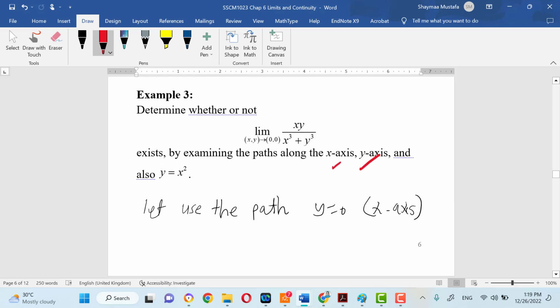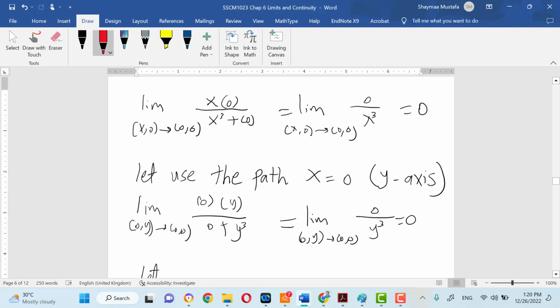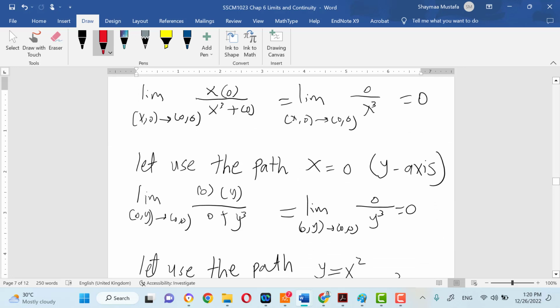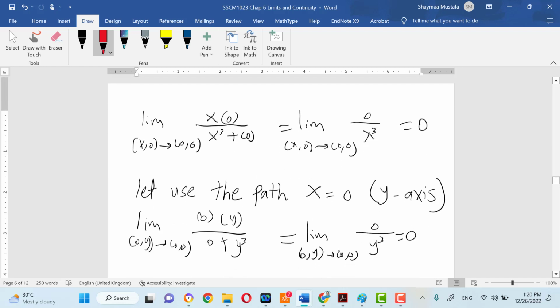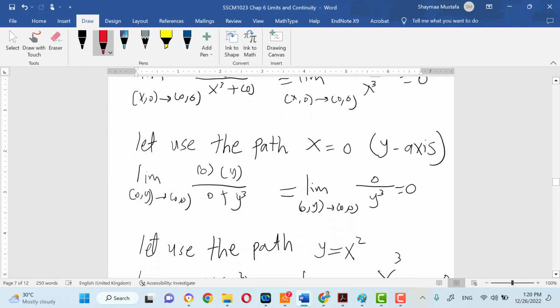So we have 0 multiplied by y, over 0 plus y cube, which equals 0 over y cube, which is also 0, because 0 over any number is 0. So the limit through the y-axis is 0, and through the x-axis is also 0.